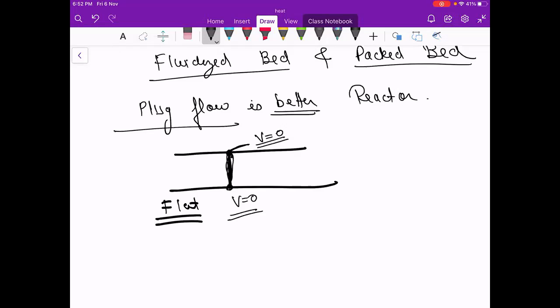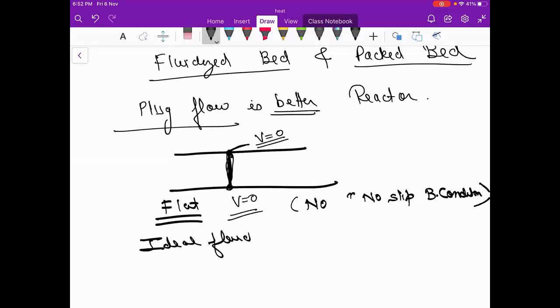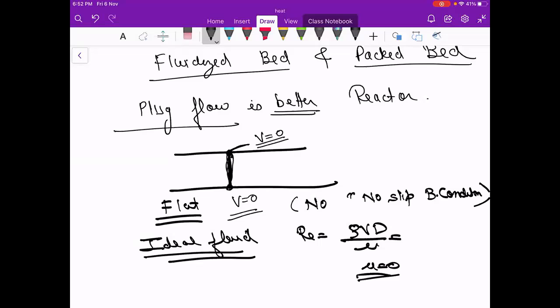So in the flat velocity or plug flow velocity, there is no slip boundary condition. Which fluid has that property? Ideal fluid. Ideal fluid has that property. Reynolds number equals rho V d by mu, so mu equals 0 for ideal fluid, so 1 by 0 equals infinity.